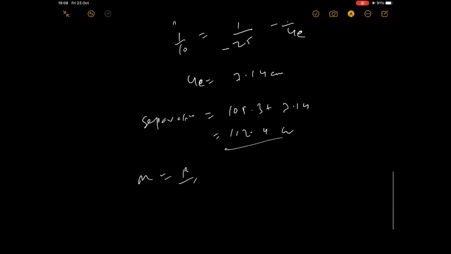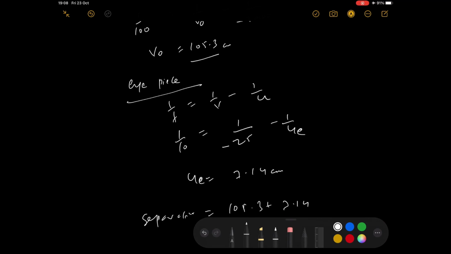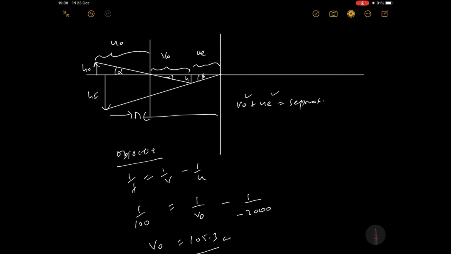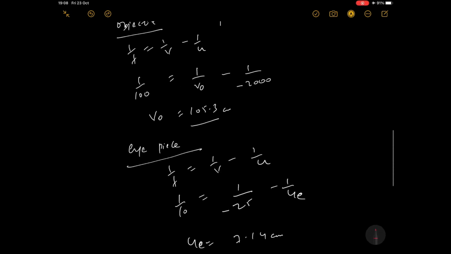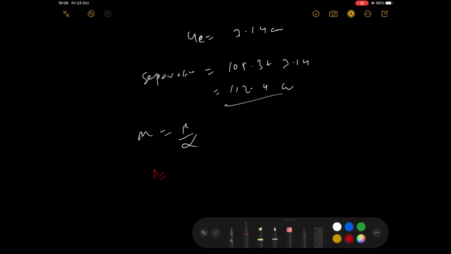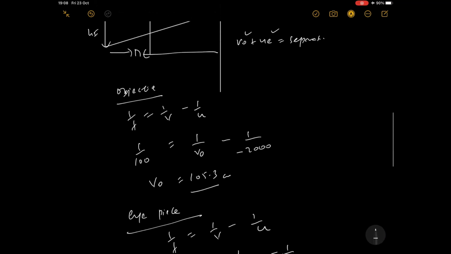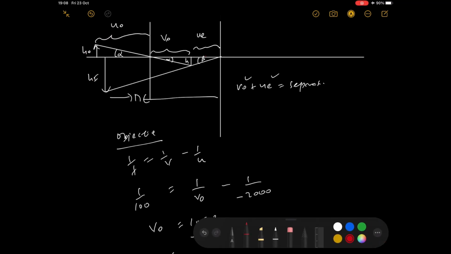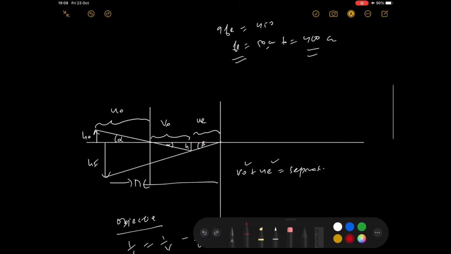Now magnification is beta by alpha. So I'll just show you. Beta is here. So beta is h upon UE. And alpha, once again you can check here, alpha is h upon VO.